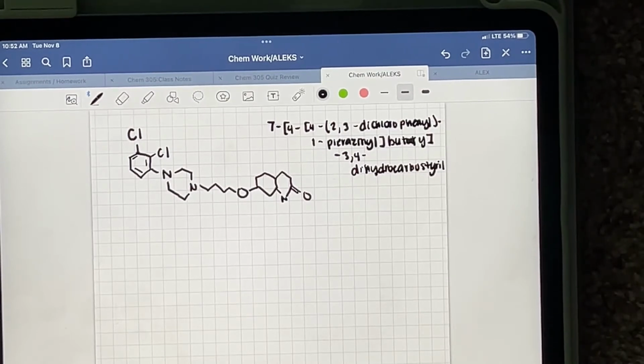These side effects include euphoria, increased orgasmic activity, and pathological disorder, which can include compulsive gambling, shopping, binge eating, and sexual behavior. So now to the structure.